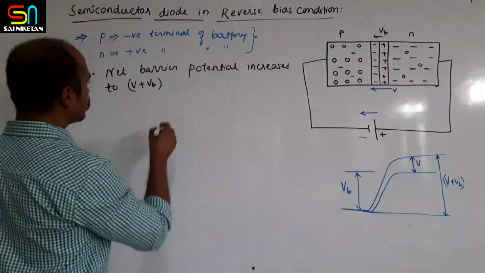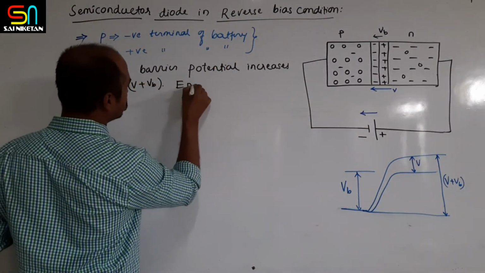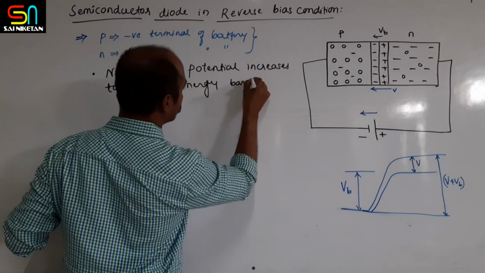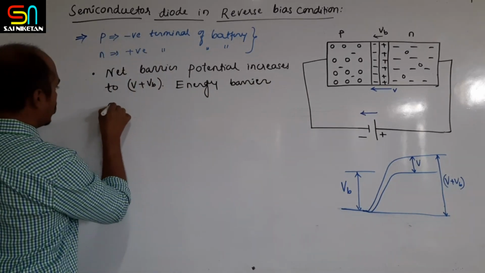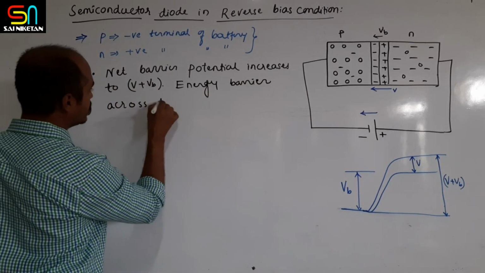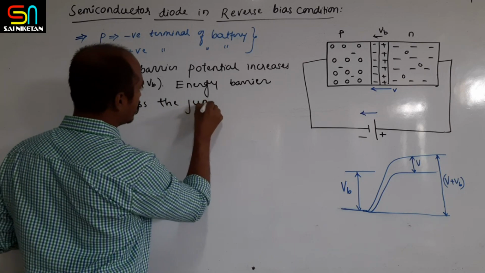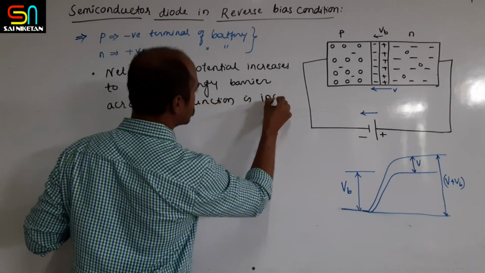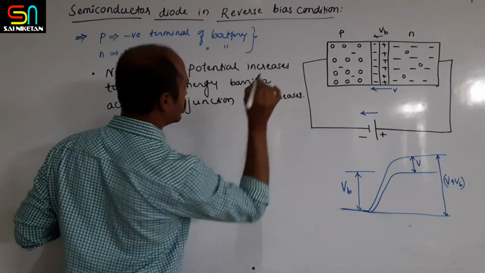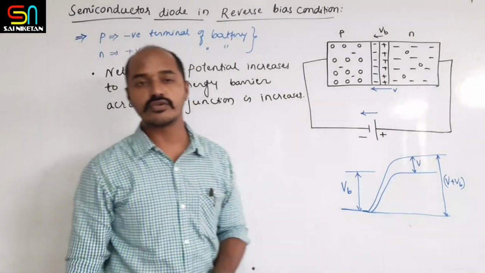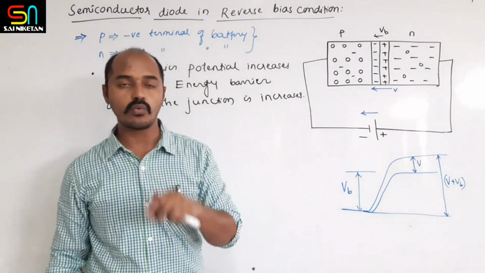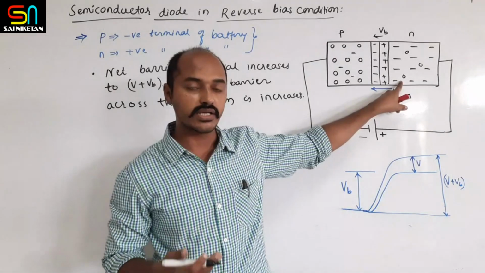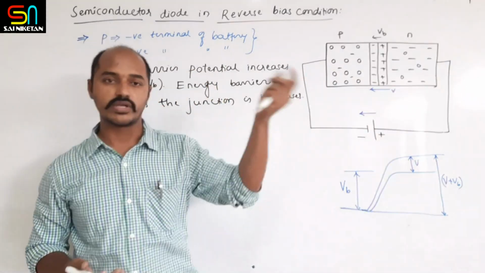So here you can write that the energy barrier across the junction increases. Energy barrier means the energy required by majority charge carriers to cross the junction, which is more here.